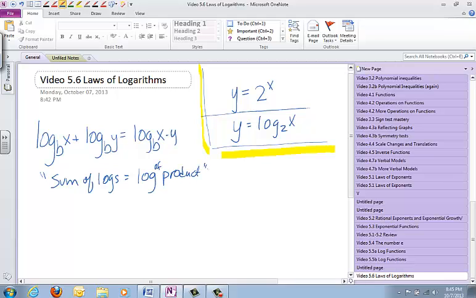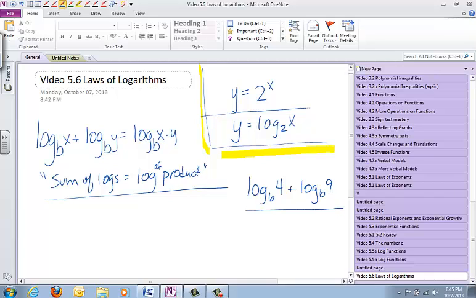Okay? And so I'm going to just do a numerical example to show you how this helps, why it's important. So if I ask you, I want you to add log base 6 of 4 to log base 6 of 9. And you would say, whoa, I can't do that without a calculator. Log base 6 of 4 is asking me what power of 6 gets me to 4. I don't know.